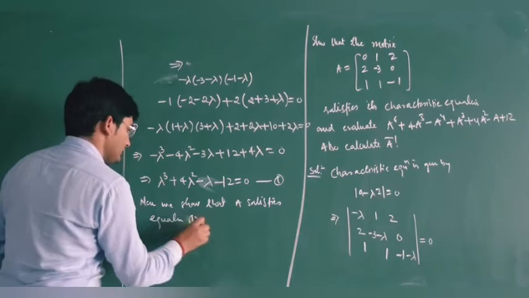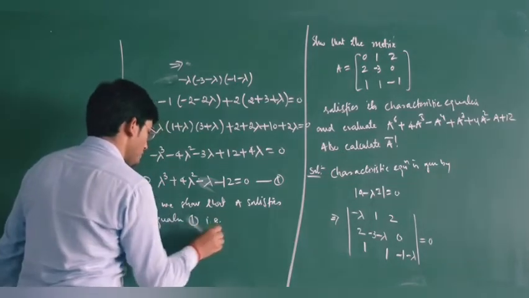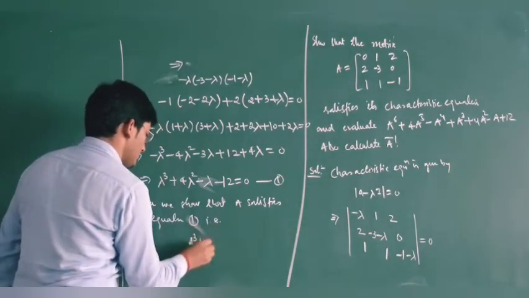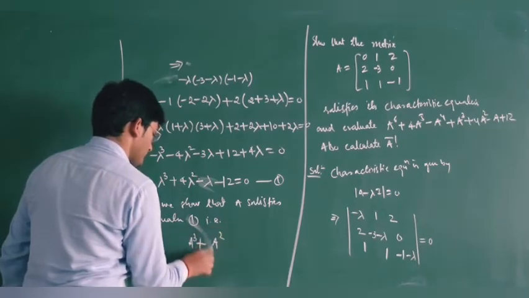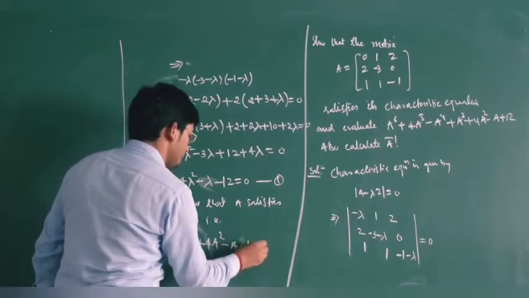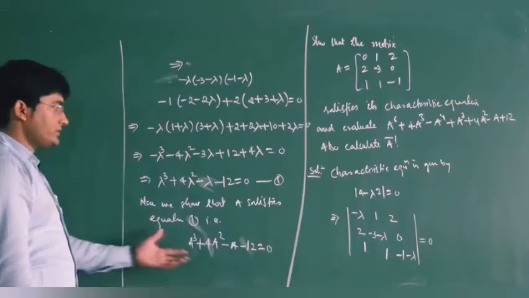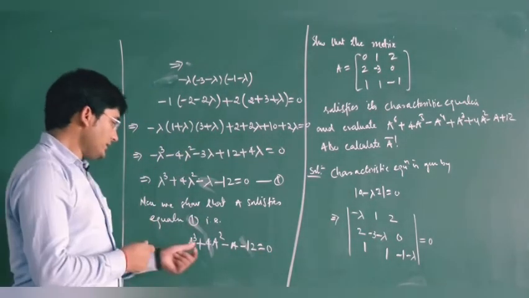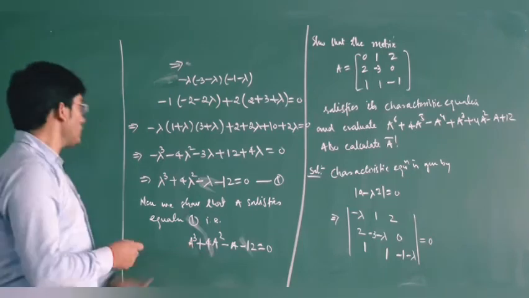That is, we will prove that A cube plus 4A square minus A minus 12 is equal to 0. Now we will show that this is equal to 0. So for that, let us compute A square and A cube.